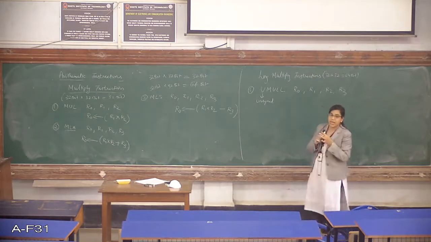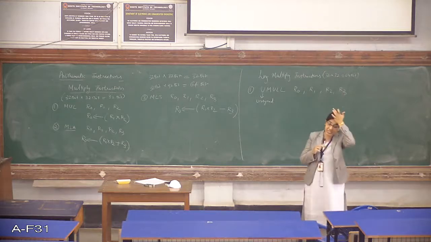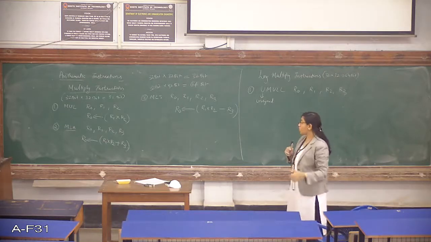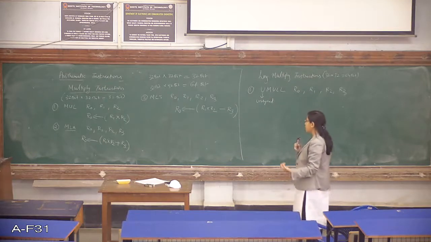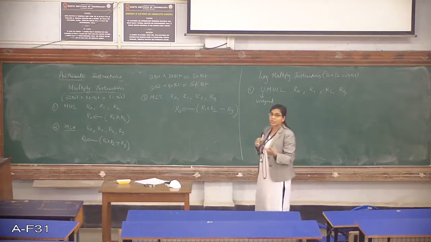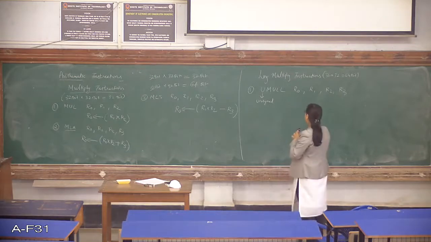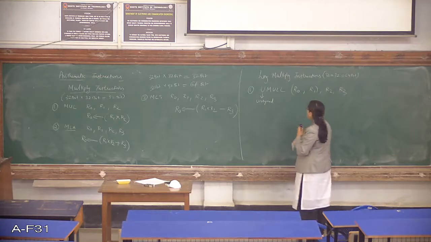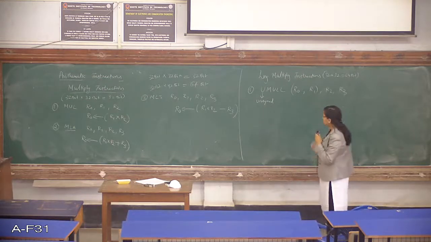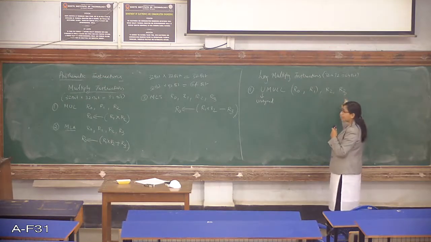Since the result is 64-bit, you cannot store it in a single register. You need to use two registers to store the result. R0, R1 become the destination and you will be multiplying R2 and R3.